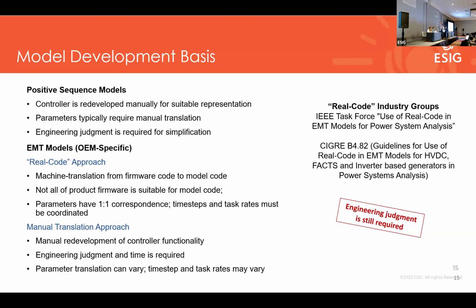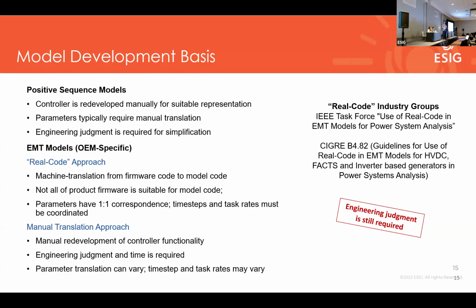The other approach that's more historically and conventionally been used is a manual translation approach, which parallels the positive sequence model development, where you have an engineering team that is looking at the code that's running on the products and then basically rewriting that in the format that is digestible by the EMT tools. And again, it can be done well.